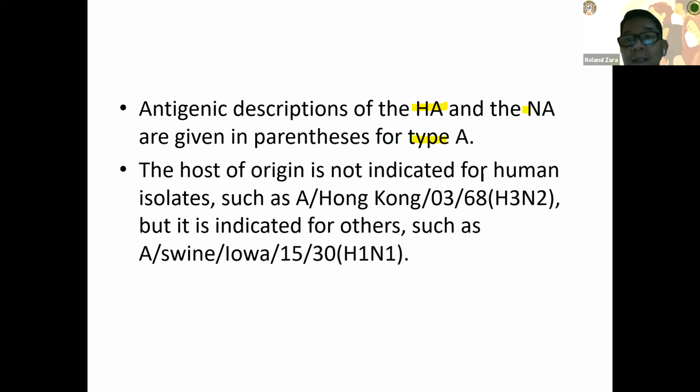The host of origin is not indicated for human isolates, such as type A isolated in Hong Kong, the third strain, isolated 1968, with H3N2 in parentheses. But for others, it is indicated, such as swine. So type A from swine, isolated in Iowa, the 15th strain among the 30 strains, otherwise isolated as subtype H1N1. So there is a parenthesis there.